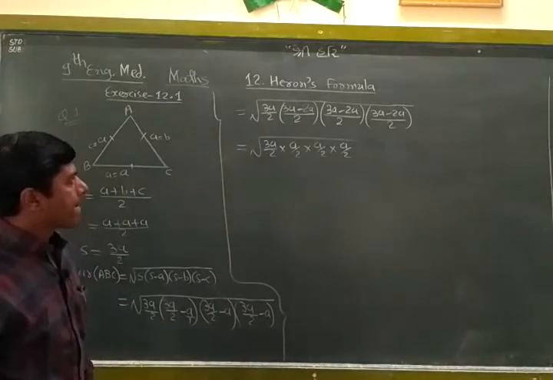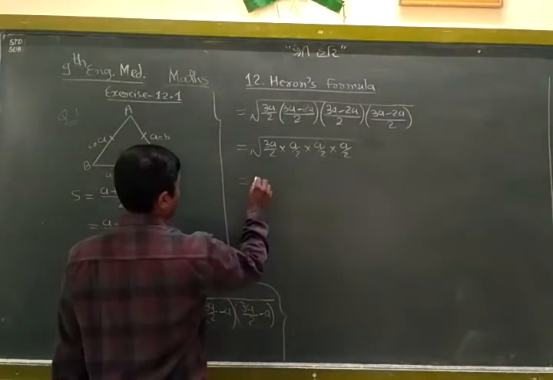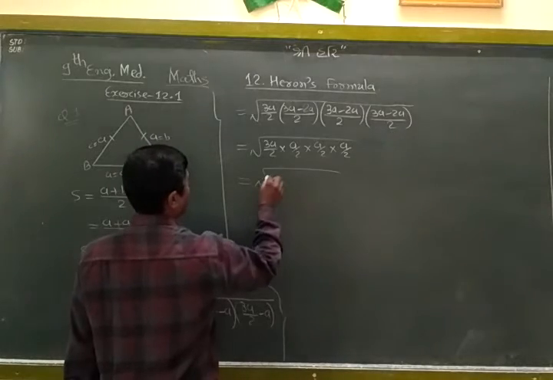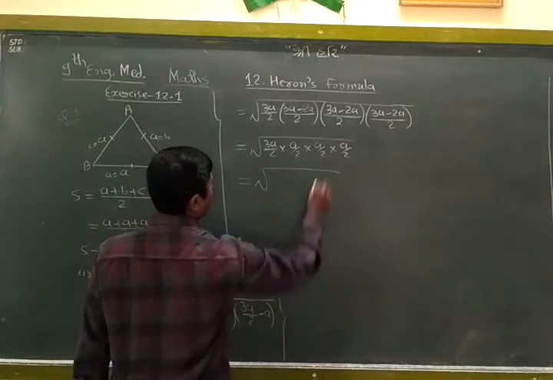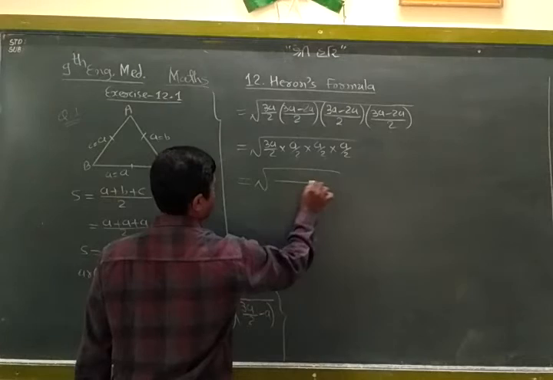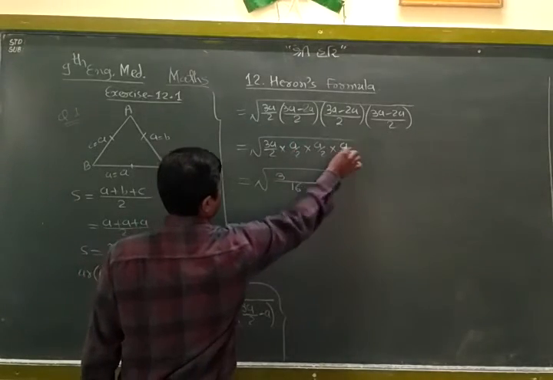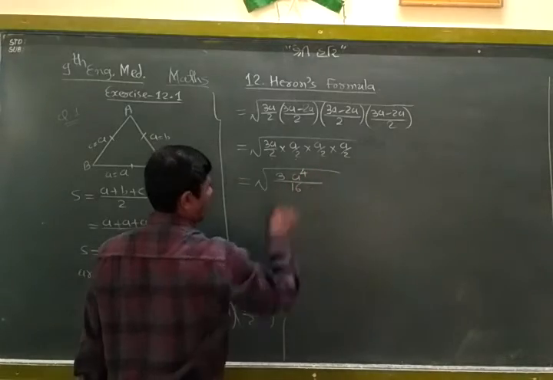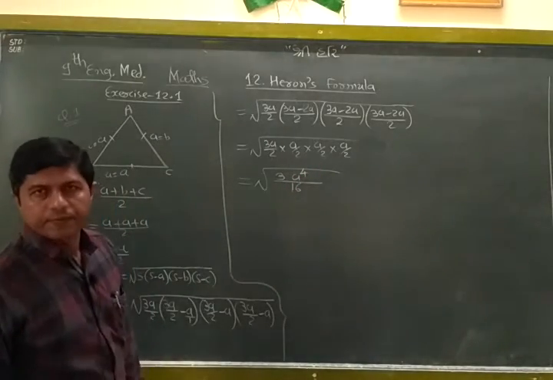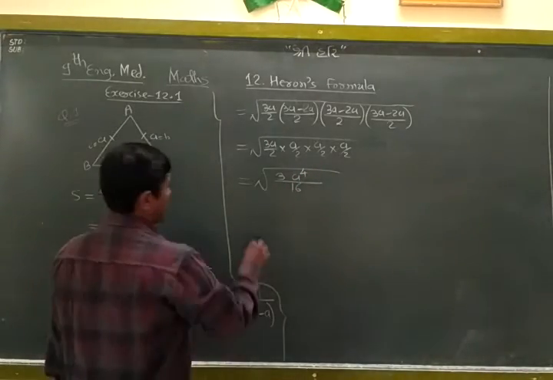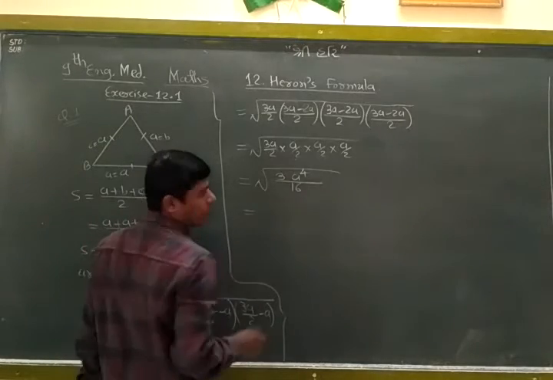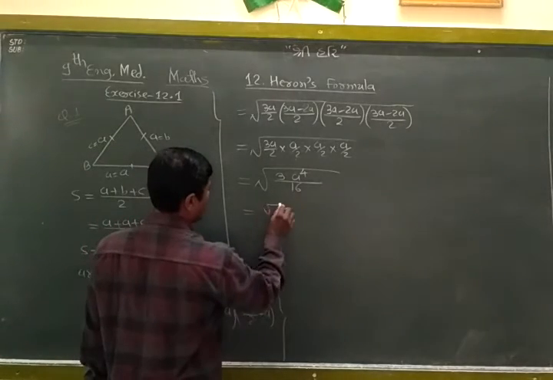Okay, now here under root, 2 times 2 is 4, 4 times 2 is 8, 8 times 2 is 16. This is the 16. Here 3 and A, so A raised to 4. Okay, so the square root of 3 is not possible, so root 3.